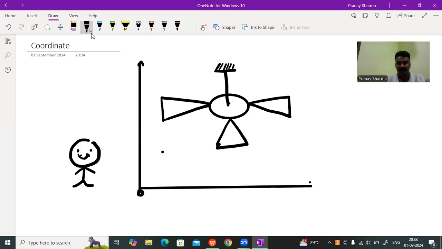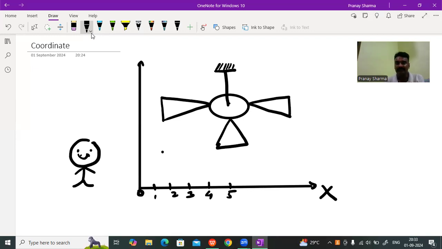I'll tell you what it is, and slowly we'll arrive at the conclusion. Now, let us say I tell this robot that in order to reach the rotor of this fan, the rotor is this part, the central part, right? You need to traverse 5 units in this direction.